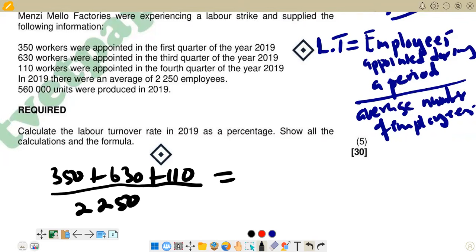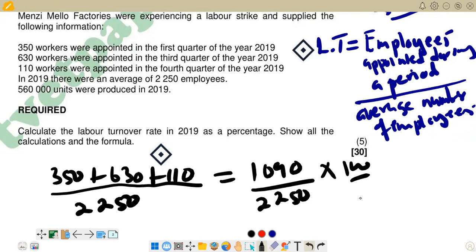We get 350. Then we add 630. Then we add again 110. We're supposed to get 1,090. So here we have 1,090, and then we divide by 2,250. And obviously, we are going to multiply this one by 100 over 1. So when we multiply by 100 over 1, we are turning it into a percentage.